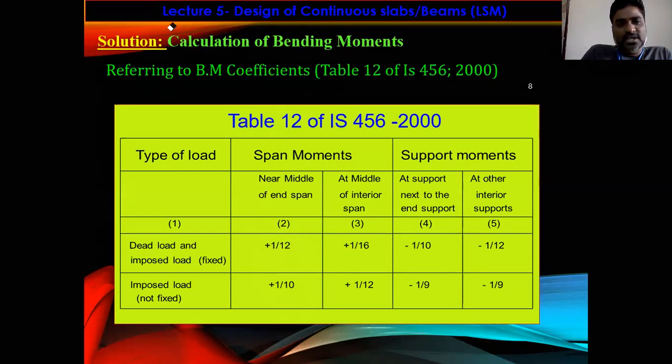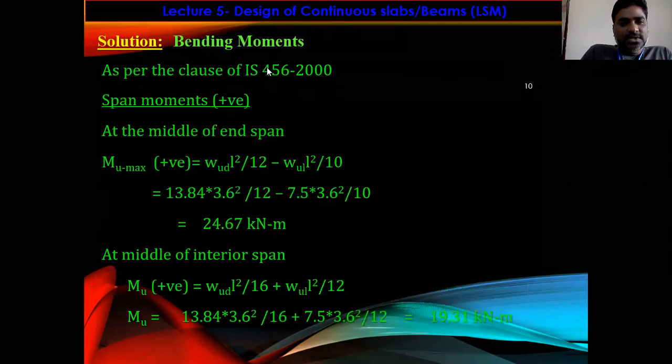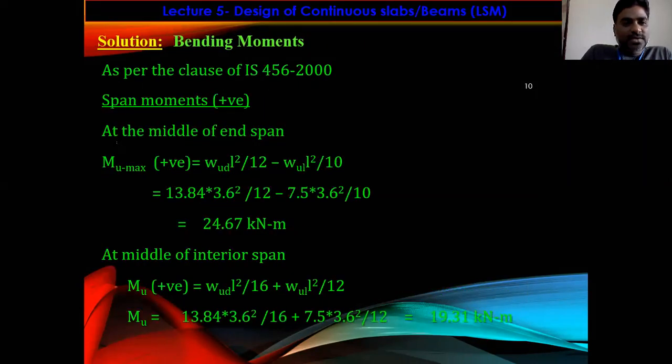At middle of end span, it is WD L square by 12 plus WL L square by 10. Substituting the values, that is 13.84 into 3.6 square by 12 plus 7.5 into 3.6 square by 10, this is 24.67 kilonewton meters.